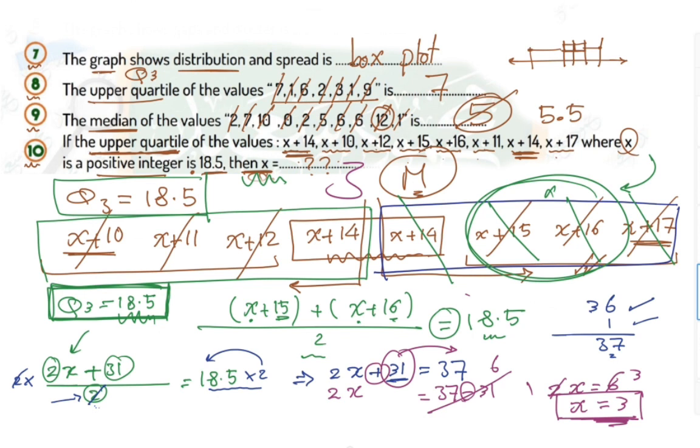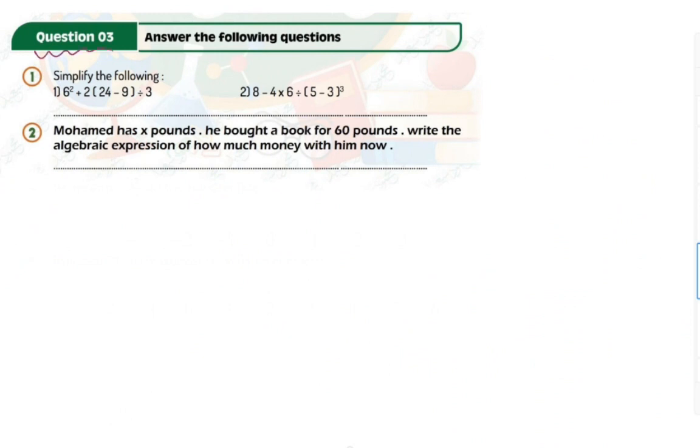Now it's time to go to question number 3. Answer the following question. Question number 1, simplify the following. We have 2 points.